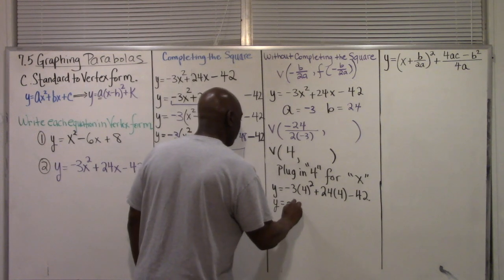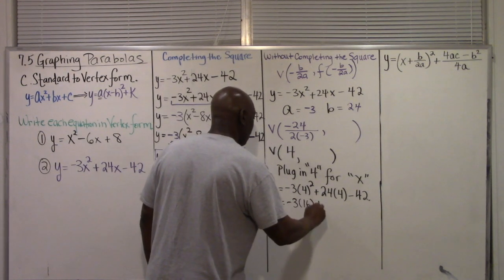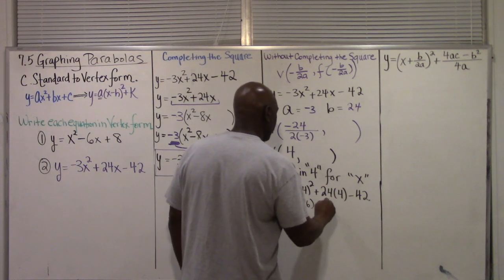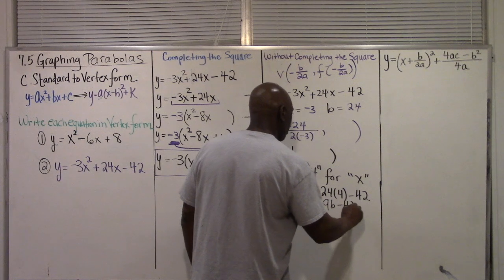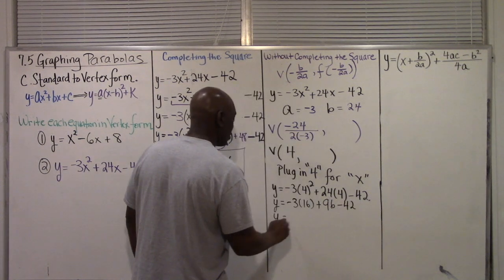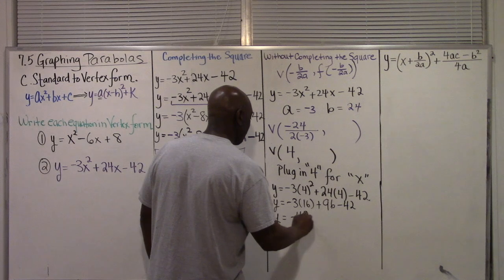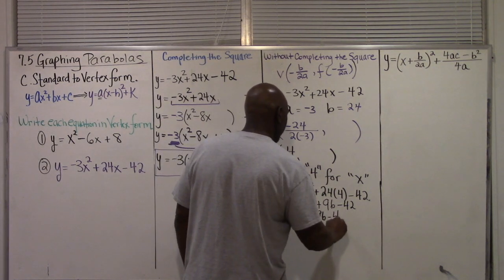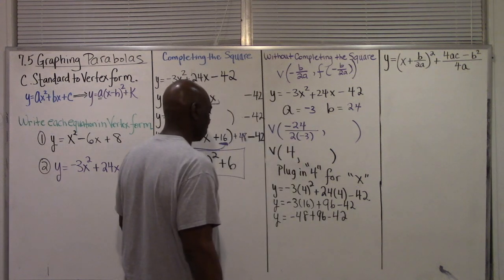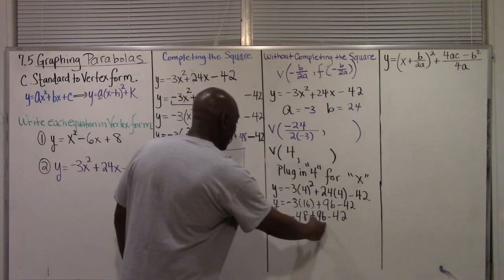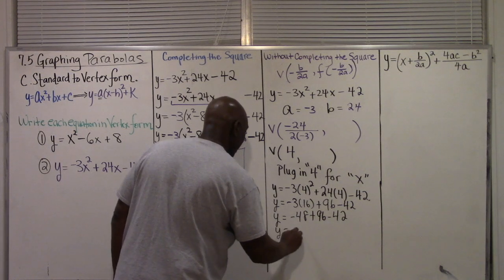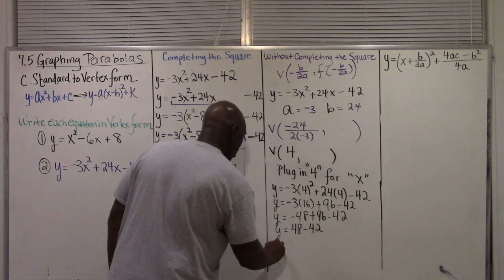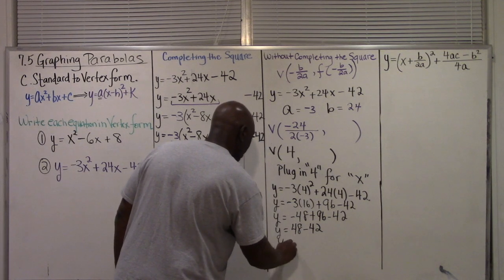We're going to get negative 3 times 16 plus 24 times 4 is 96 minus 42. So y equals negative 48 plus 96 minus 42. Negative 48 plus 96, y equals 48 minus 42. And so y has to equal 6.